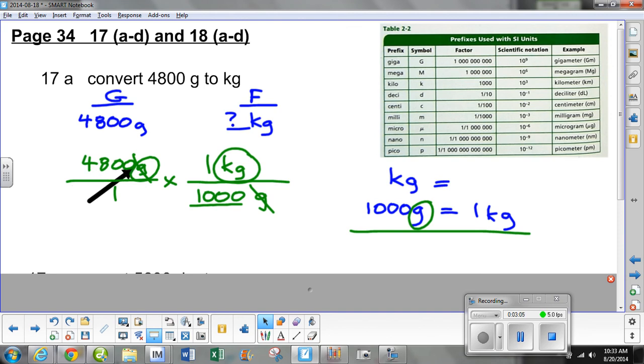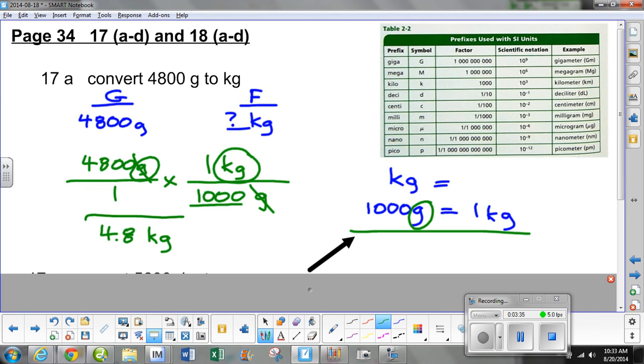That moves my decimal 1, 2, 3 places to the left, because when I divide, if I have a 1 in front, all I have to do is look at how many zeros I have, and that moves the decimal in my answer to this position. So my answer is 4.8, and that's kilograms. Pretty easy, huh?